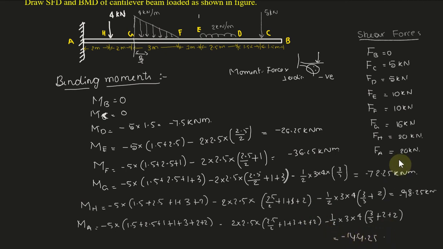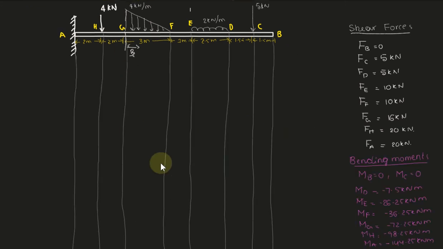So let me write, I want to rub this all off in order to draw the bending moment and shear force diagrams. I will rub this off and write all the values here, right? Now all the points, all the bending moments and shear forces are written here. Let us try to draw these two diagrams. So let us first draw the reference line.